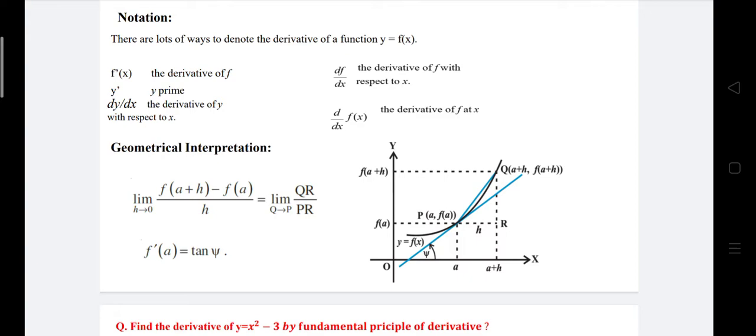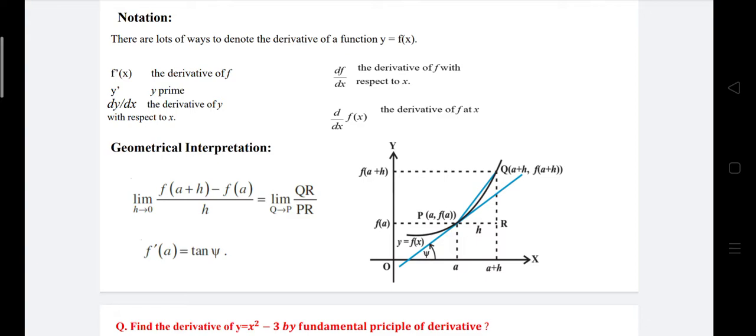We can write the derivative as y prime, as we already know that y is a simplified notation for a function, y is equal to f of x. So you can write y prime or y dash as a derivative, or dy by dx.